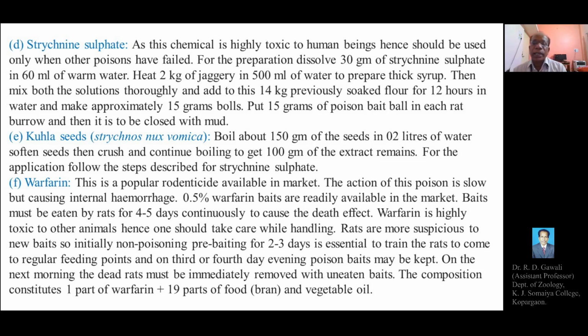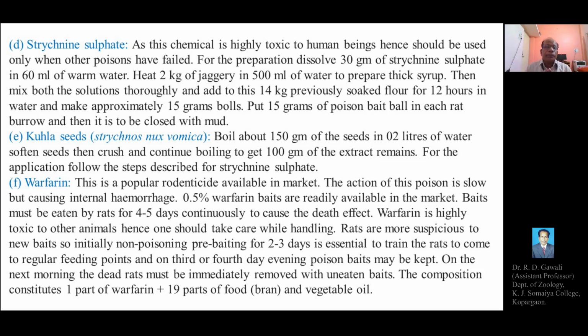We have to train the rats before, because there should be continuous feeding of the warfarin baits for a period of 4 to 5 days so as to get the death effect.